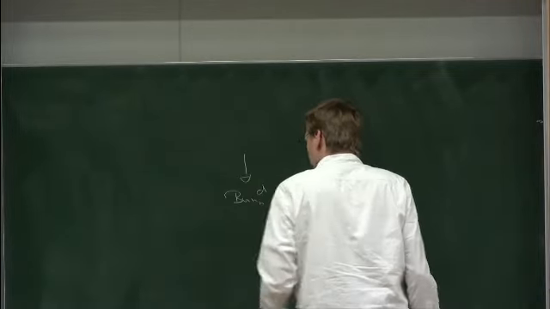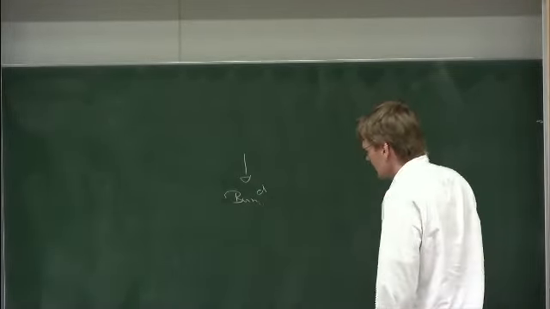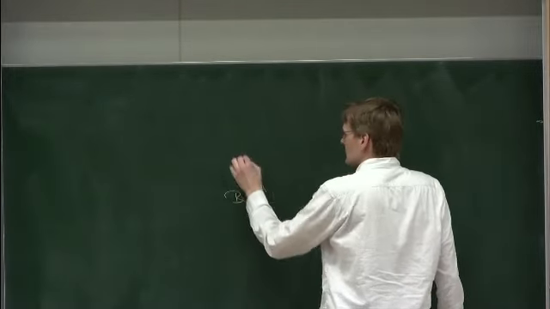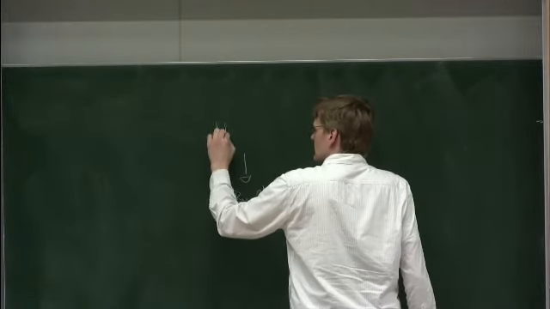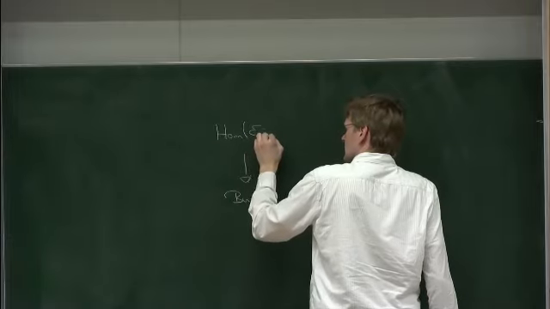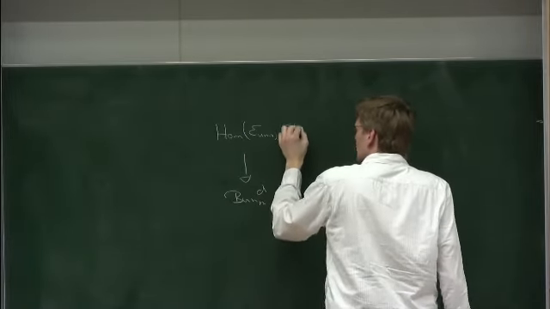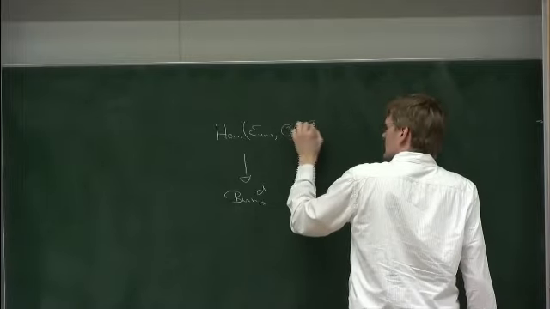Above this space, I have a universal vector bundle, which I call E universal, and I will write it as Hom of E universal to some fixed vector bundle, and I don't choose sections, but I choose the dual of it.